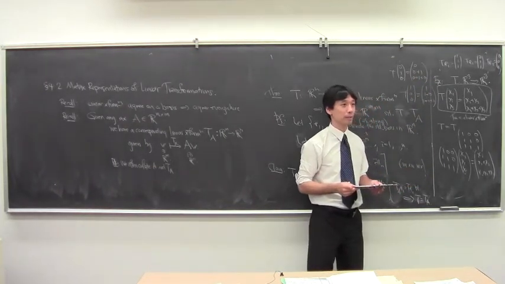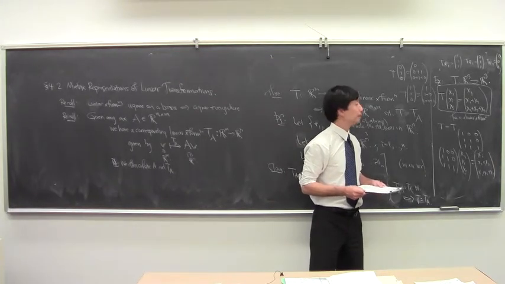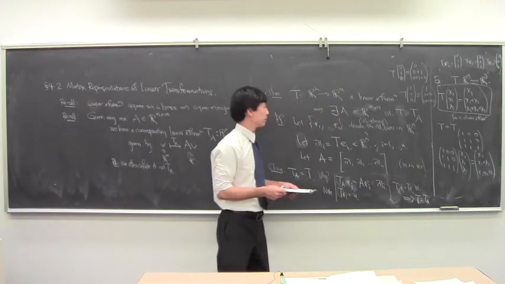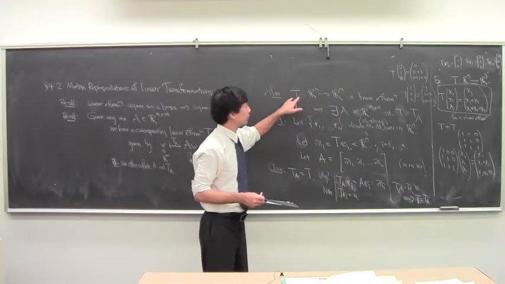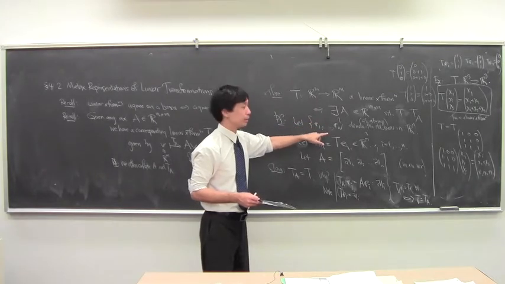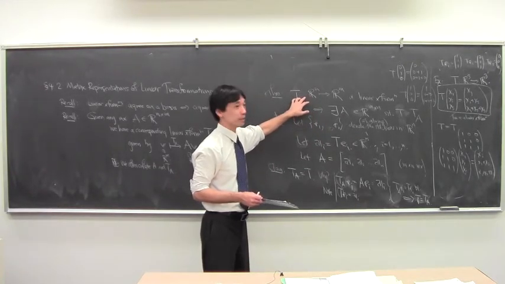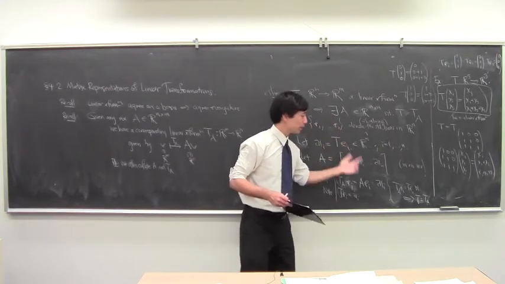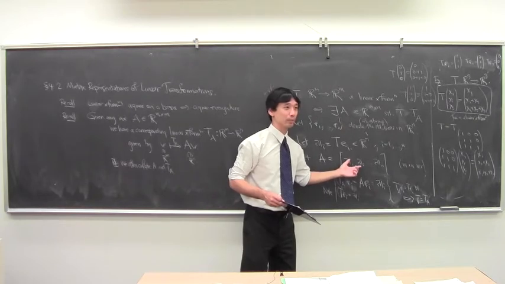Yeah, Mia. Is that how you find A for every linear transformation? Yes. And A is the matrix representation of this linear transformation. You have a linear transformation, and it turns out that it can be realized as left multiplication by some matrix.